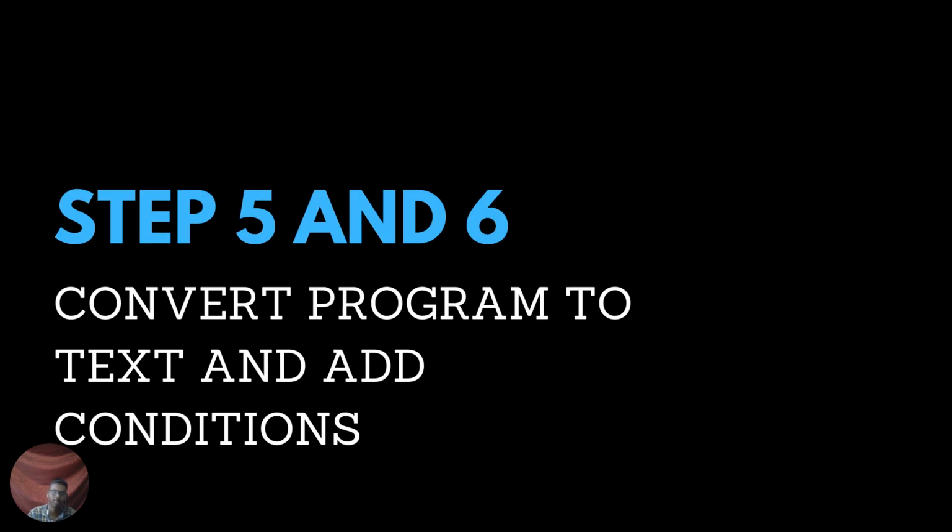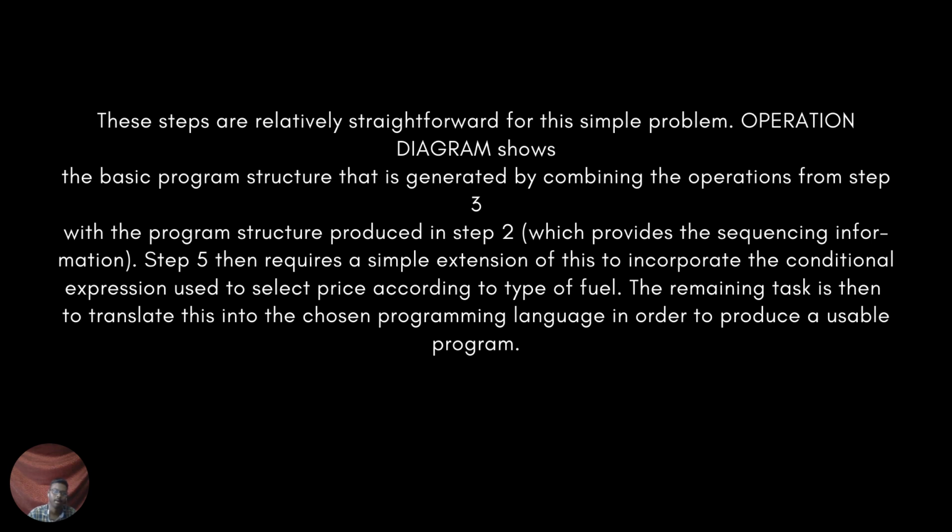And the next steps, step 5 and 6, are to convert the program to text and add the conditions. And the steps are relatively straightforward. For this simple problem, the operation diagram shows the basic program structure that is generated by combining the operations from step 3 with the program structure produced in step 2, which provides the sequential information.